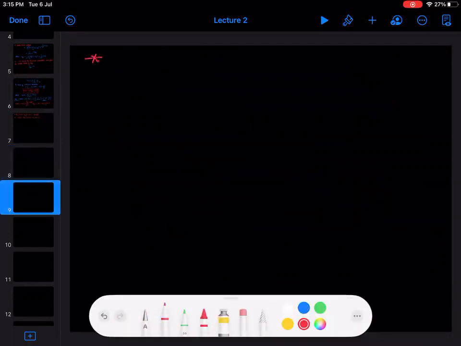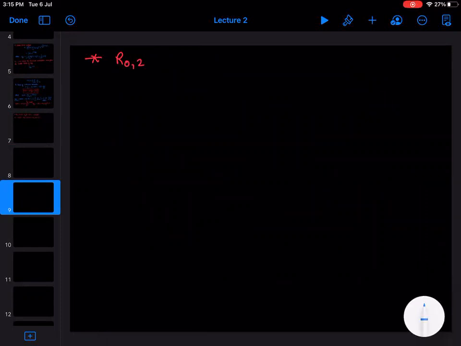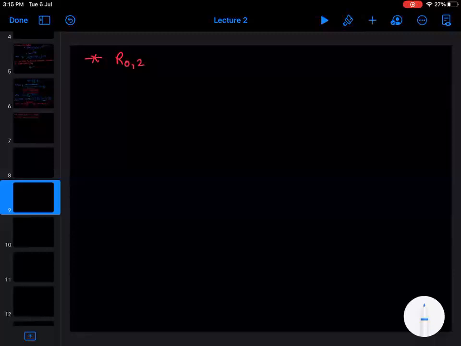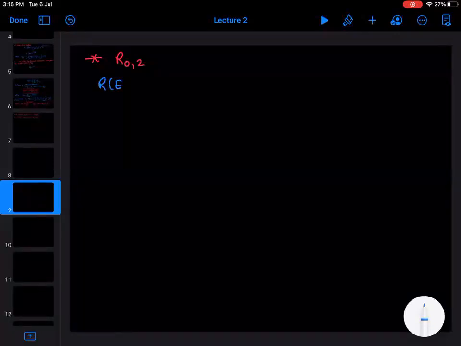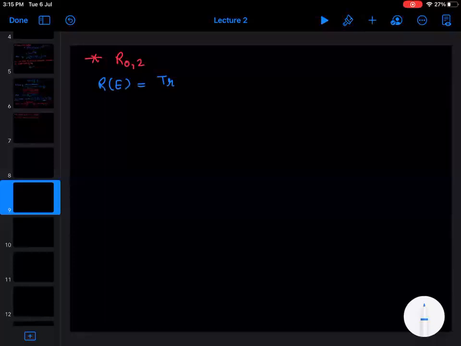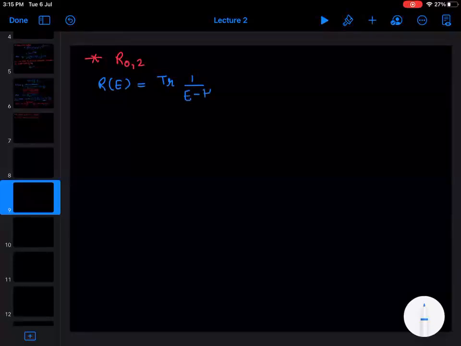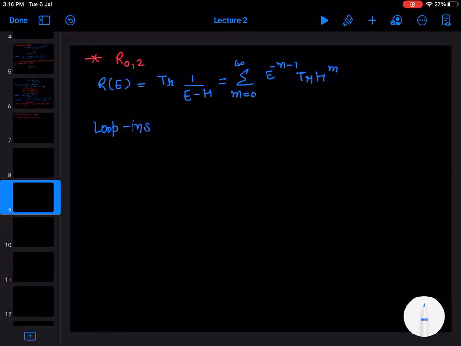Now we move on to the calculation of R0,2. For that, let me define some more things. Let me write my resolvent again. We have this series expansion. Now we'll define an operator called the loop insertion operator.